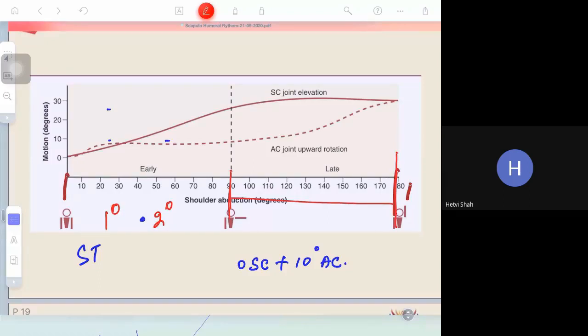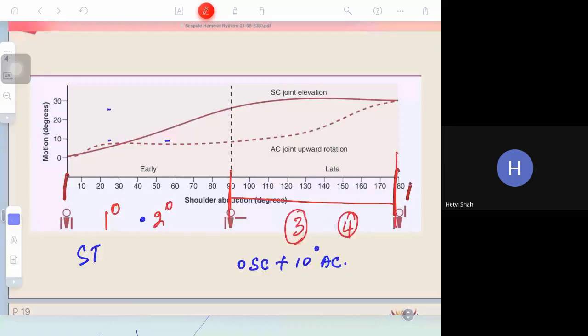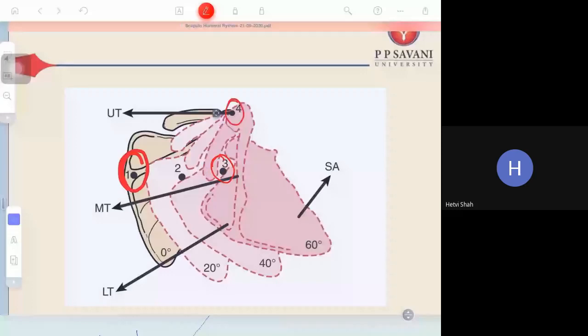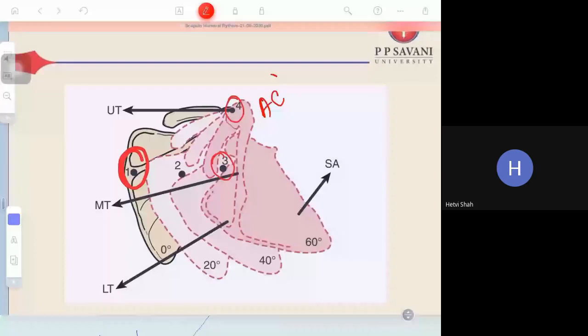Clear? And now the axis is shifted to 3 and 4. So if the axis is shifted to 3 and 4, now the movement is predominated in the acromioclavicular joint.